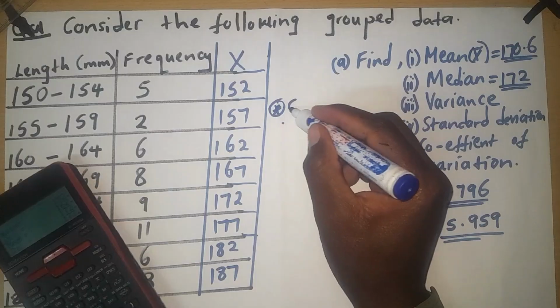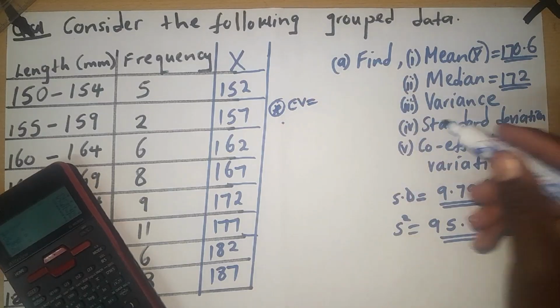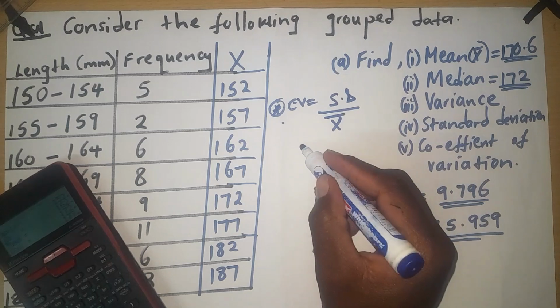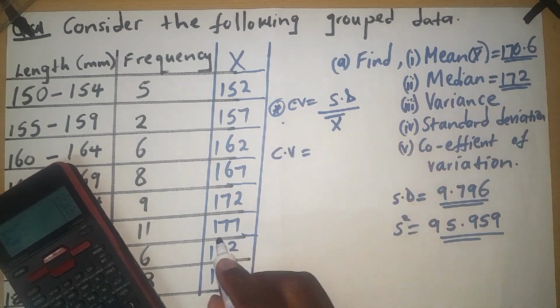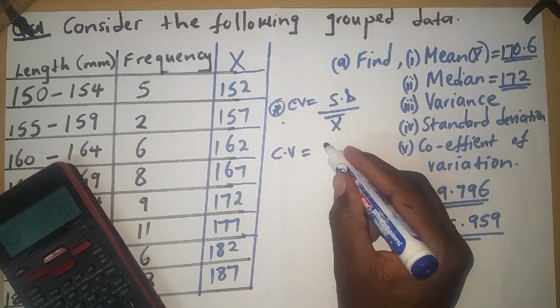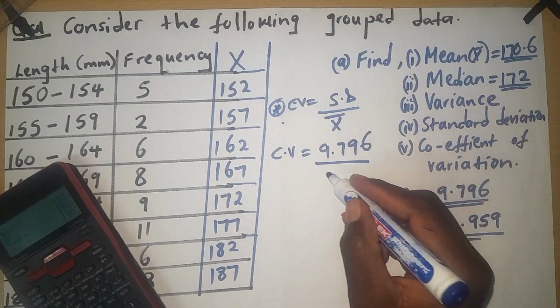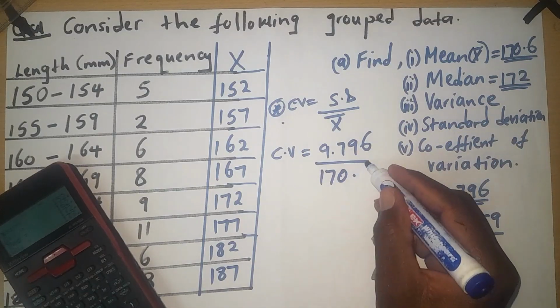You have to know that the coefficient of variation is equal to the standard deviation over the mean. Our standard deviation is 9.796 over our mean, which is 170.6.